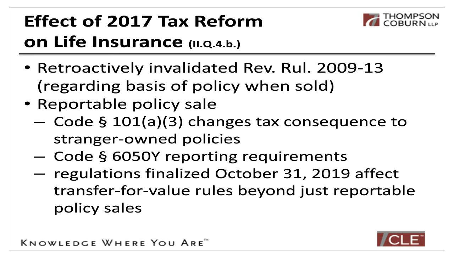And we're going to talk about what that means in a moment. And if that person who receives the policy is a stranger, that's a reportable policy sale. Being a reportable policy sale has two consequences. One is you lose the protection of having a permitted transfer or a permitted transferee. The other is that you have to report the sale. Okay, next slide.